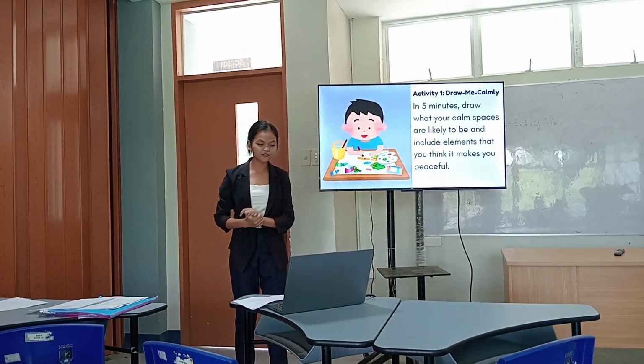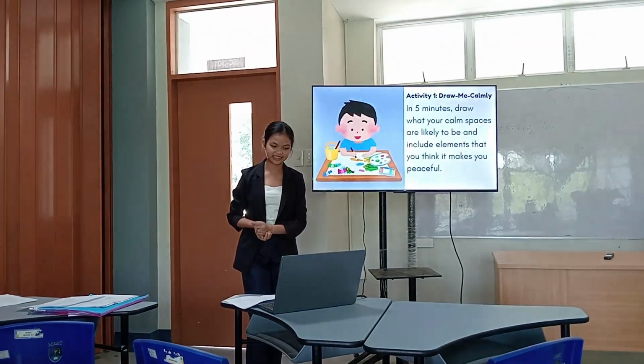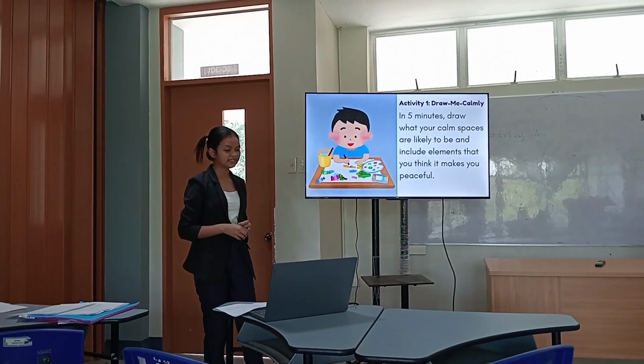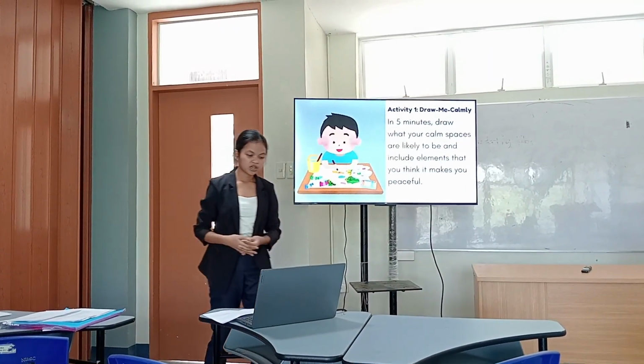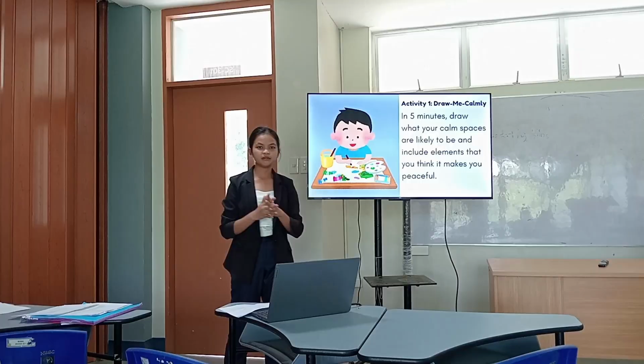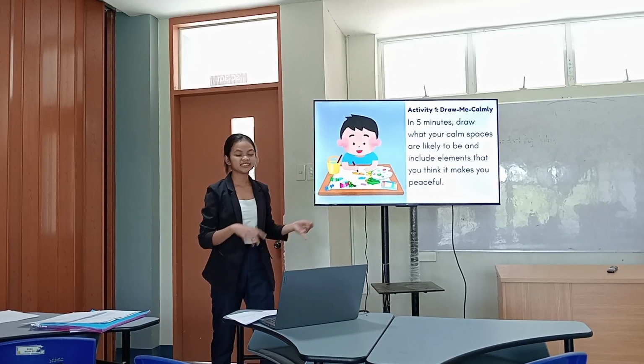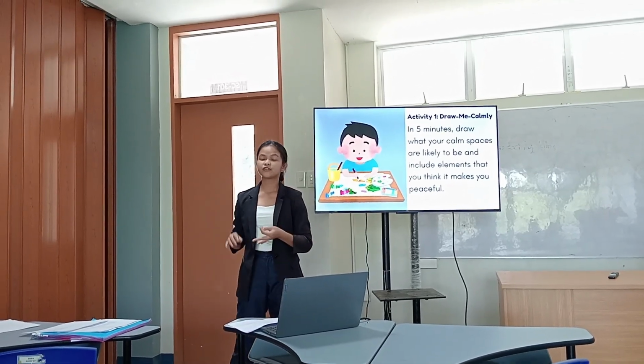So thank you all for sharing your wonderful and creative depictions of calm spaces. As I reviewed your drawings, I noticed recurring themes and elements. The three most frequent elements were soft colors, natural scenes, and comfortable furniture.